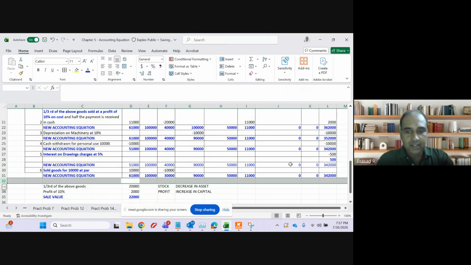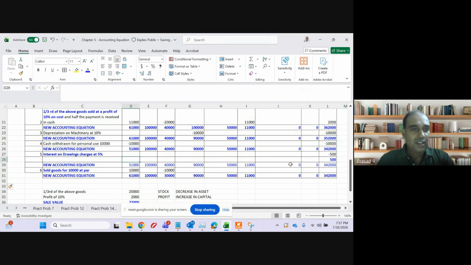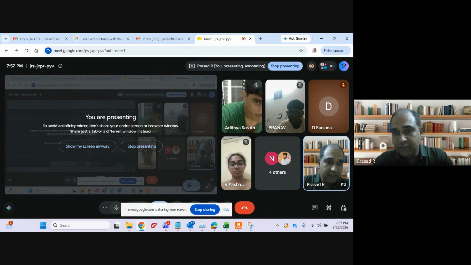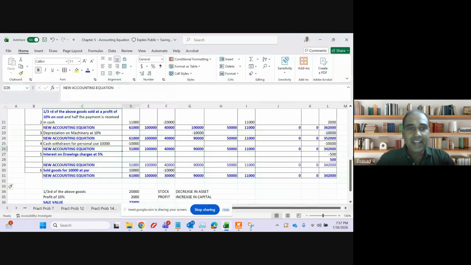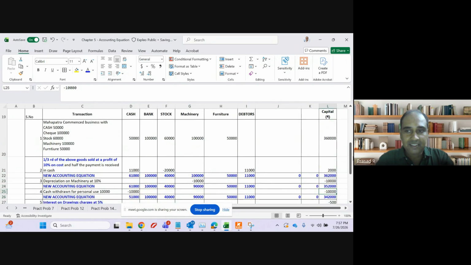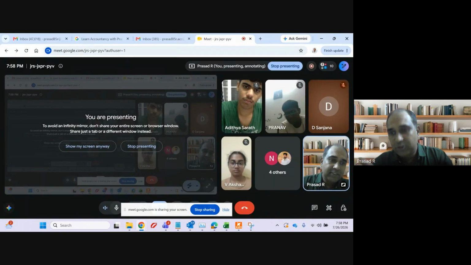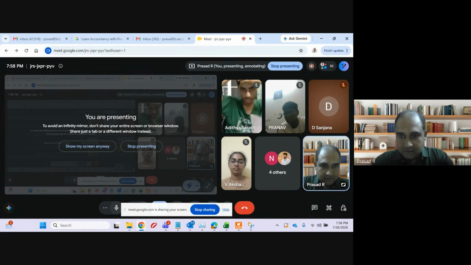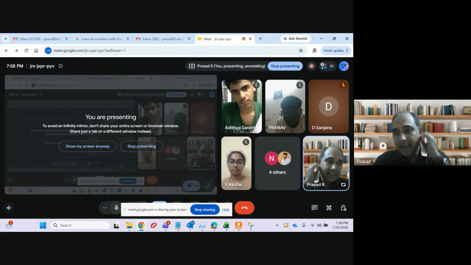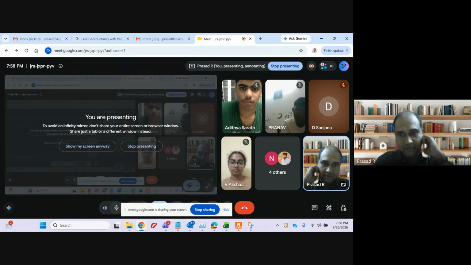This is the reason for transaction number 2 and this interest on drawings. See, if instead of interest on drawing it was interest on capital, then I would have to charge interest on which amount? My capital is how much? Whatever is the capital before that accounting equation, we will charge interest on that capital.